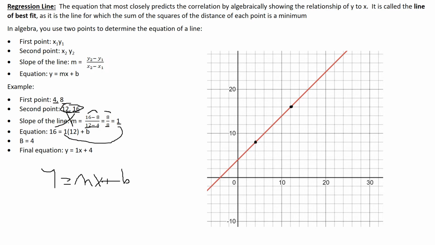So 16 equals 1 times 12 plus b, and that means 16 equals 12 plus b. b is simply 4. If I put in 0 for x, it's right here, where it intercepts. That is the y-intercept at 0, 4. So I have my equation here for these 2 points.